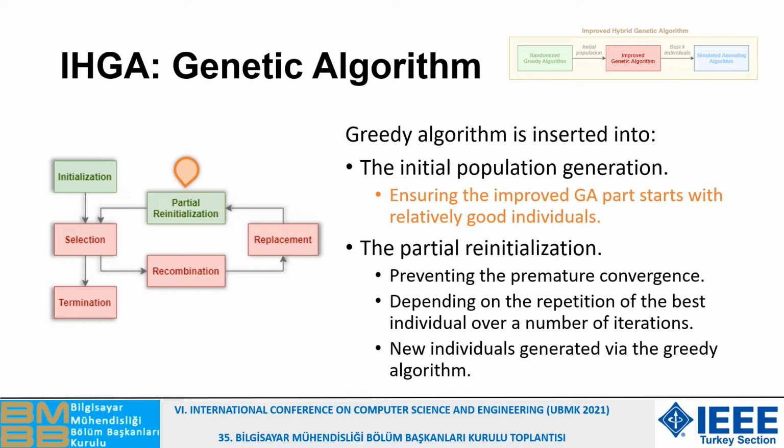The individuals to be replaced with a part of the population are also generated via the greedy algorithm. In this way, we boost the divergence of the population with some fit individuals, rather than some randomly generated individuals.